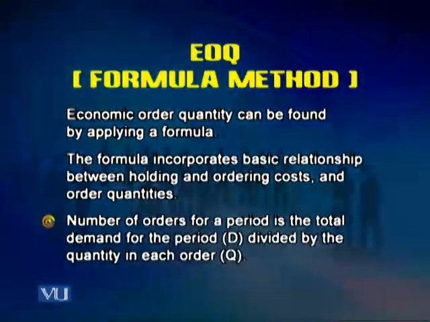Number of orders for a period is the total demand for the period, D, divided by the quantity in each order, Q. We have seen this also in our workings in the last example.